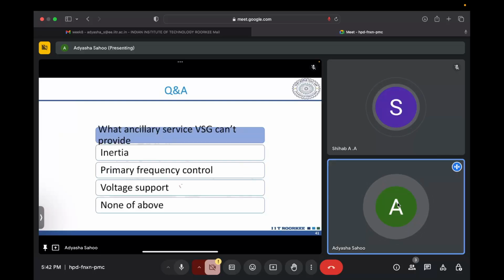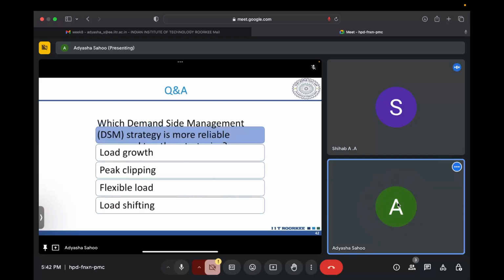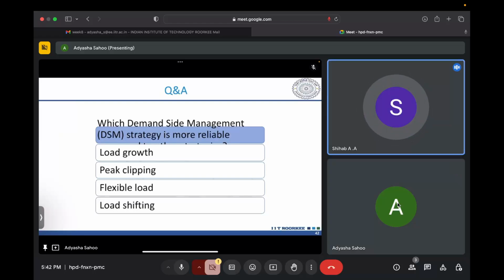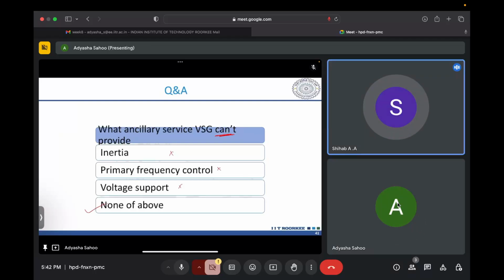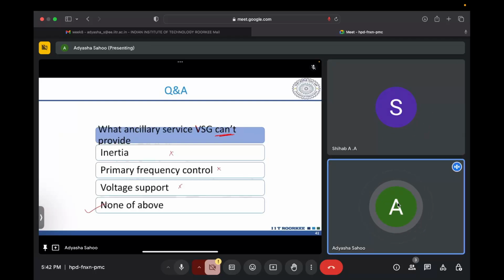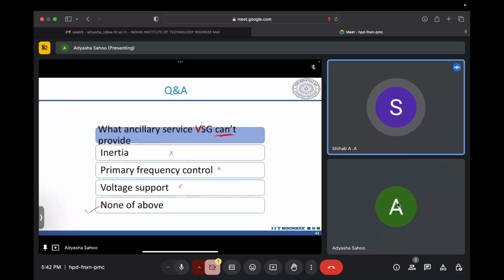It cannot also provide inertia or primary frequency control. So it is none of the above. What is the question again, ma'am? It is asking what actually cannot be provided. VSG means a virtual synchronous generator.